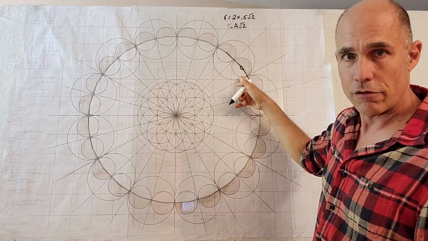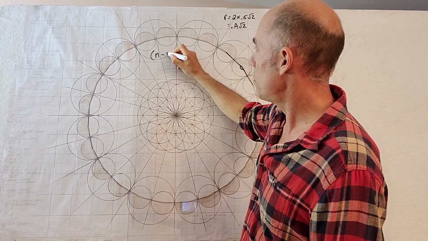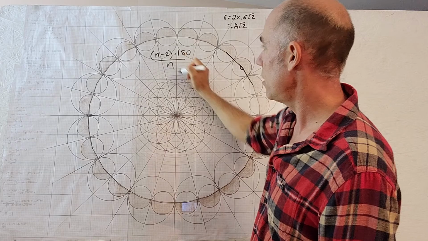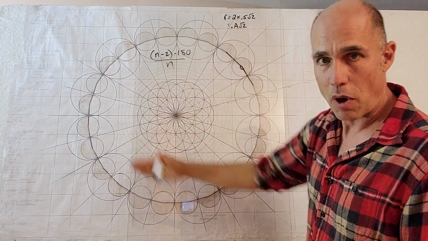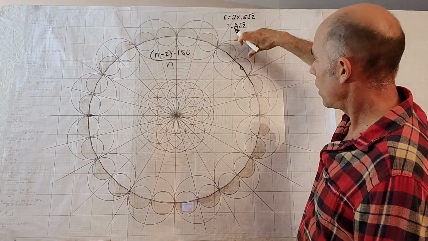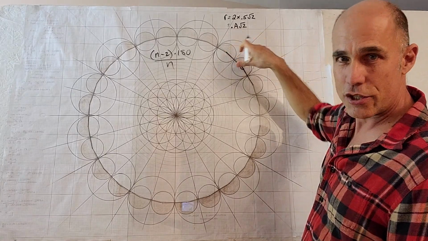So we know that there's a formula for that. In base 10, it is n minus 2 times 180 divided by n, where n is the number of sides in this polygon that we've created. So we know we've got 12 of these, and there's basically 2 sides, 2 edges in each section.